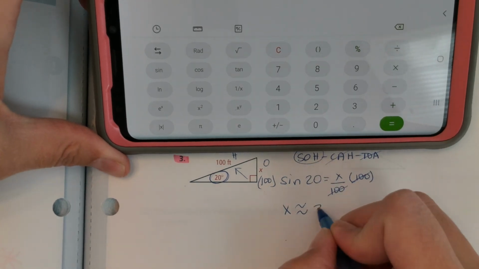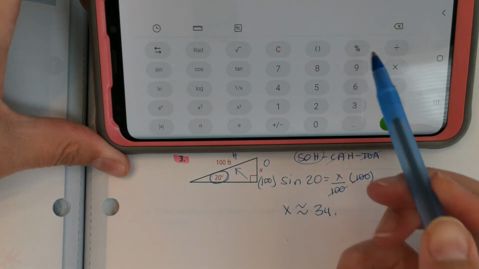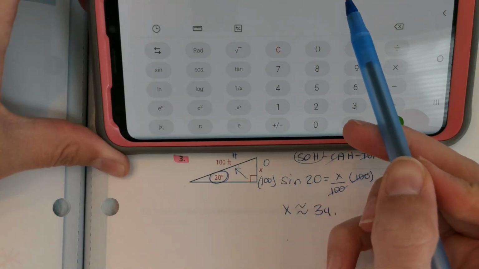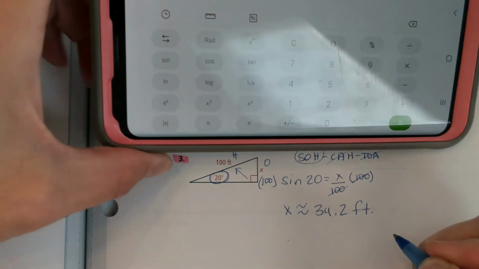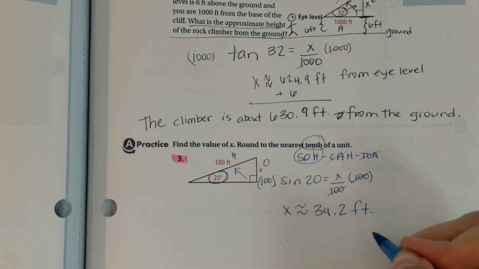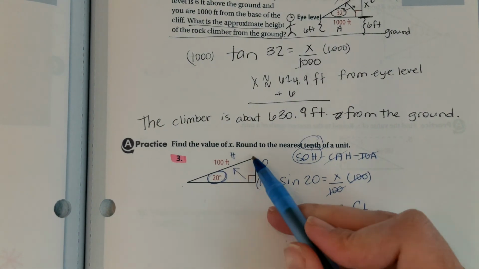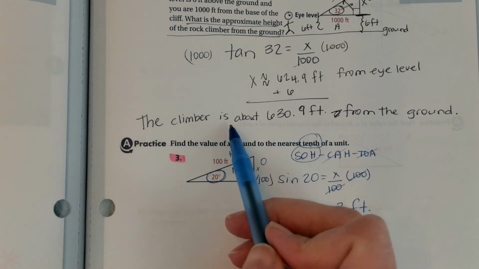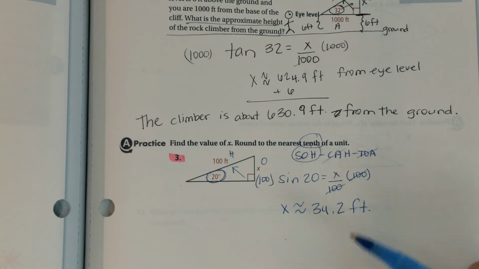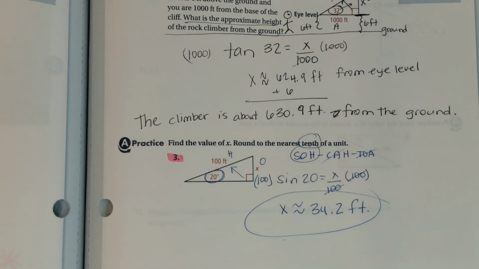And that would be 34 point. The tenths is where the 2 is, and there's a 0 after, so it stays as a 2. The units are feet. And this one's not a word problem. I don't know who's looking at what up in the sky, so I can't say the climber is about whatever. So your answer can just stay like that.